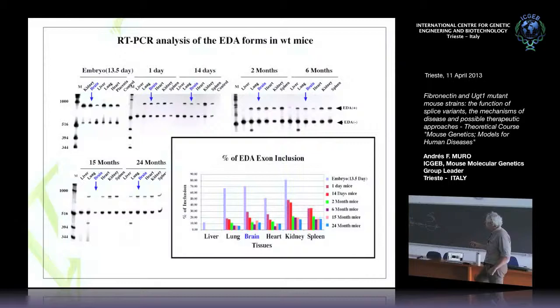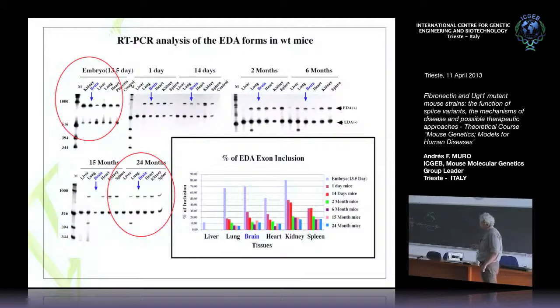Here is the embryo. You can see that this is an RT-PCR of the fibronectin EDA exon, and it is highly included in the embryo. As we go to older animals, we can see that the inclusion decreases. You can also see that in the liver, you have inclusion in the embryo, and then in older animals, even after birth, it is not present anymore.